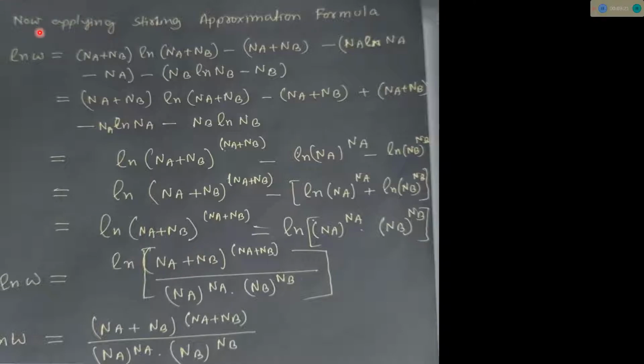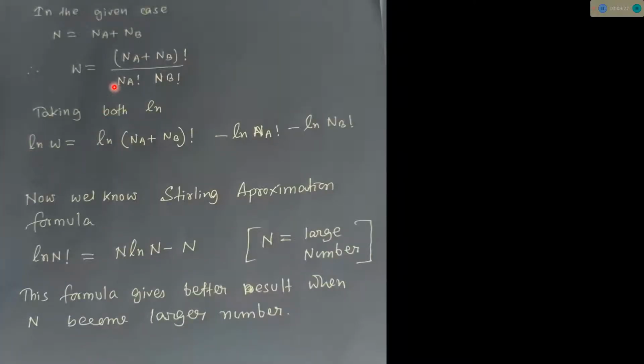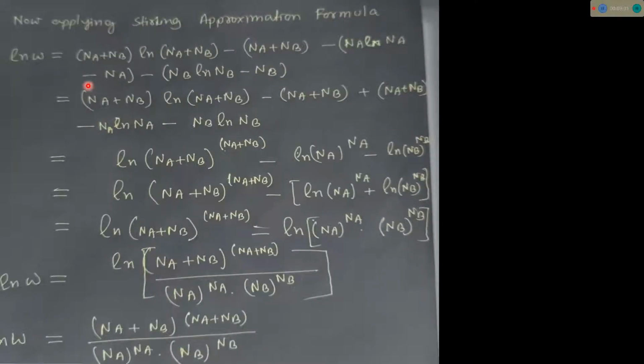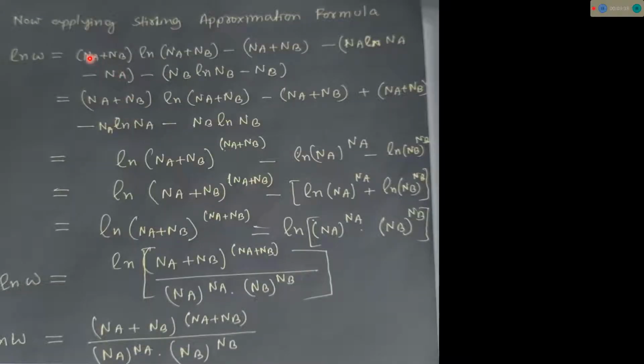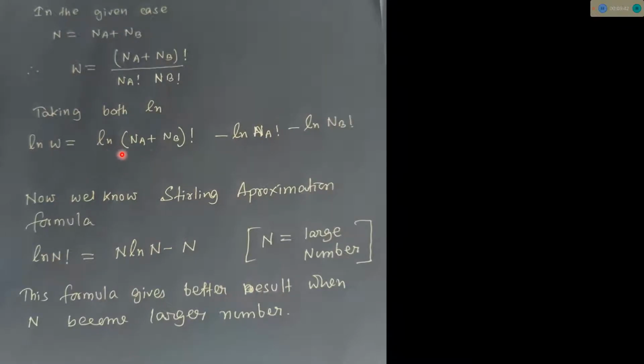Now if we use the Stirling approximation formula in this equation, then what we will get? We will get first Na plus Nb. First consider this whole term as ln n factorial, with n being Na plus Nb.